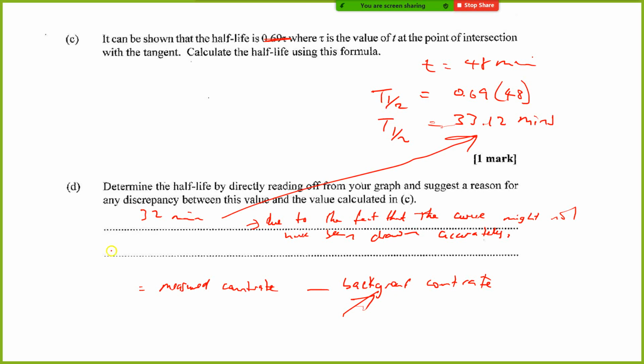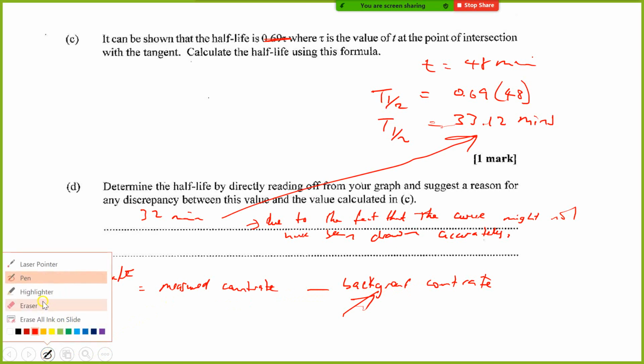So to get the corrected count rate, you would subtract the background count rate from the measured count rate, technically. That's something to take note of when you're looking at radioactivity as a whole.